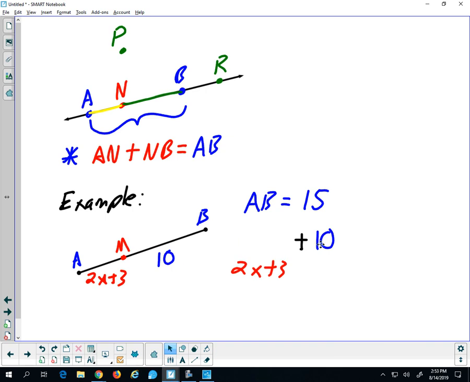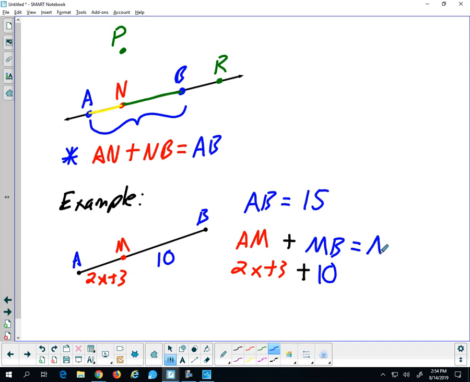I'm going to write that up here as well so you can see. So I have AM plus MB equals AB.